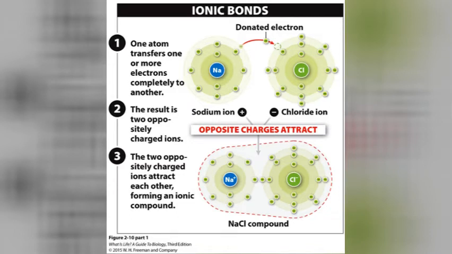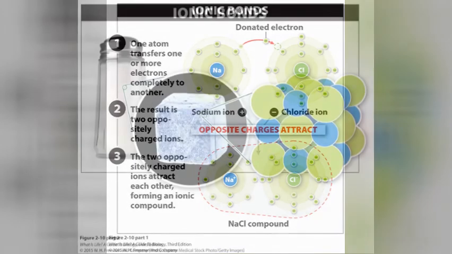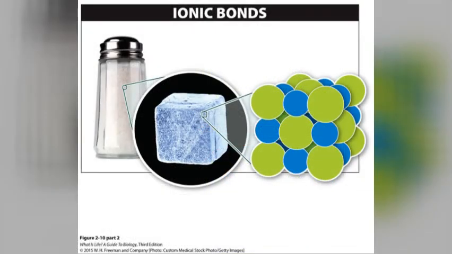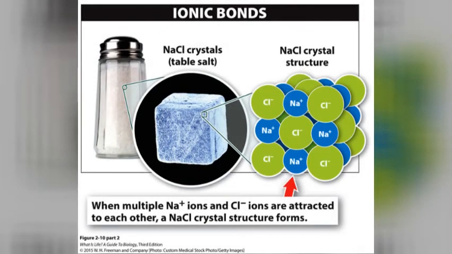That is, it has no charge. A common ionic compound that you definitely are familiar with is table salt. It's NaCl, sodium and chloride, and the sodium and the chloride that it's composed of are ions.